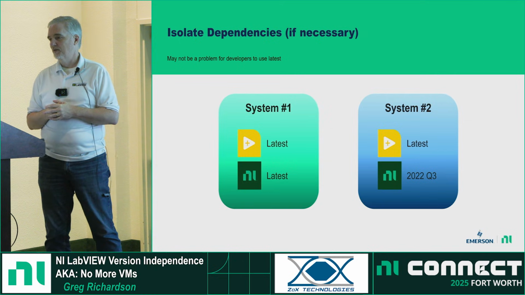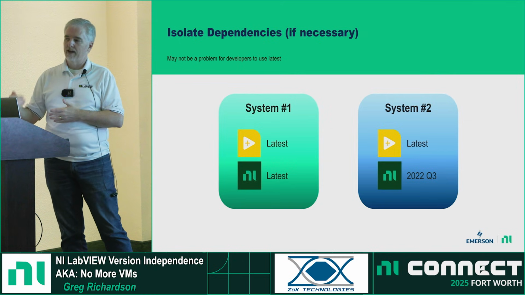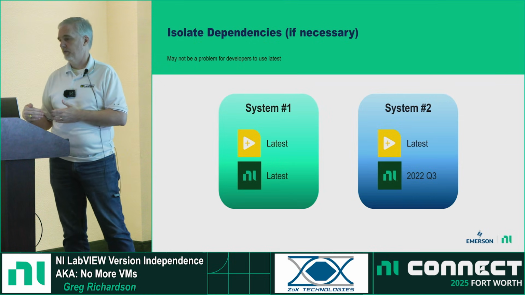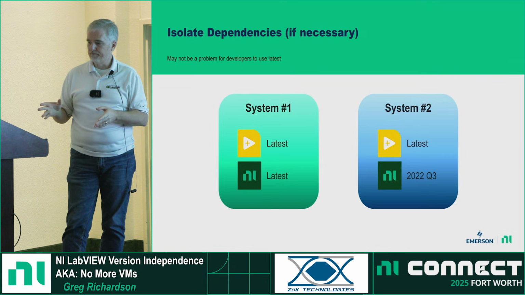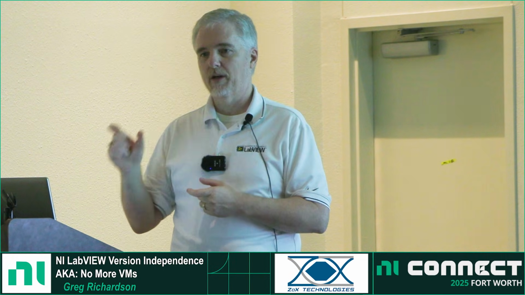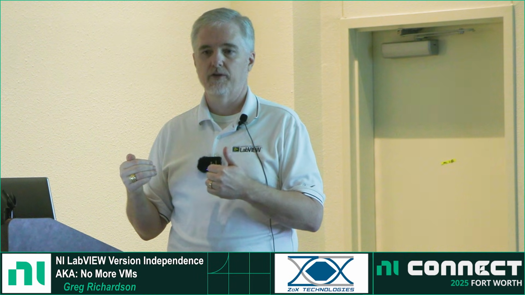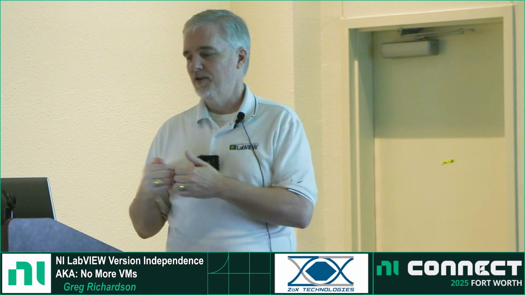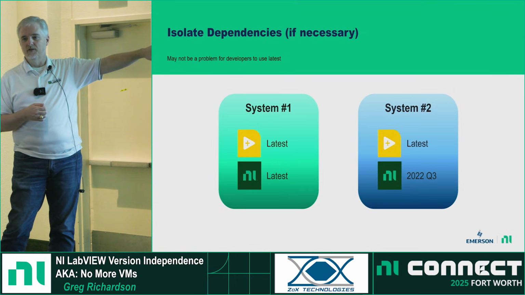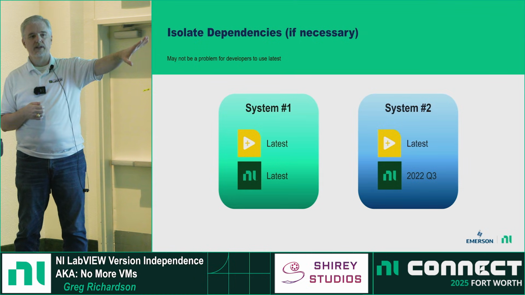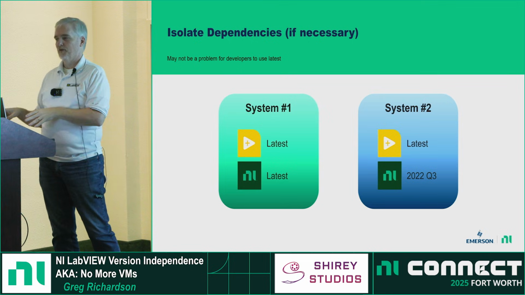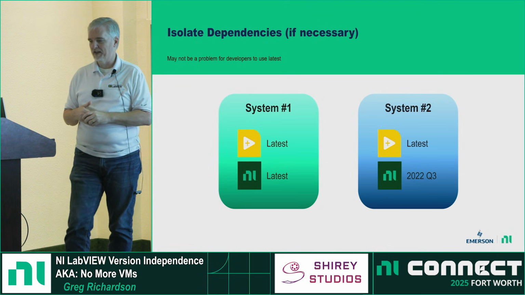So it may be fine to use the latest version of LabVIEW, but you need to use an older version of drivers so the hardware is still supported. And this can be done, but what it means is you'll have to go one step further and isolate your dependencies for the two projects. So when you're loading system 1, it's fine for it to use all the latest stuff, but when you're loading system 2, you need it to use older versions. And I'll go through a few slides here that describe how that can be done.